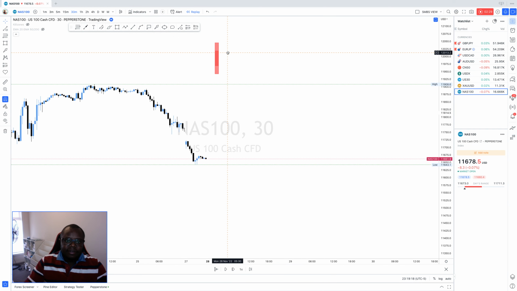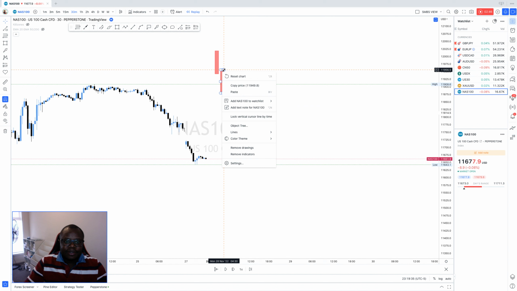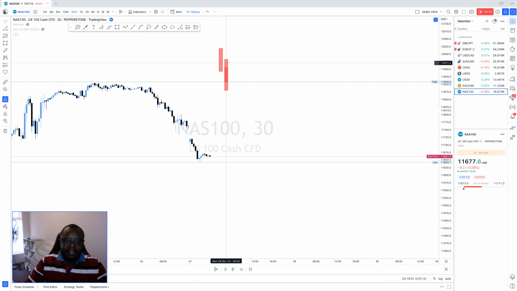Then we'll have another candle just below this, that starts from here and ends here, and then another candle that begins from here to here.